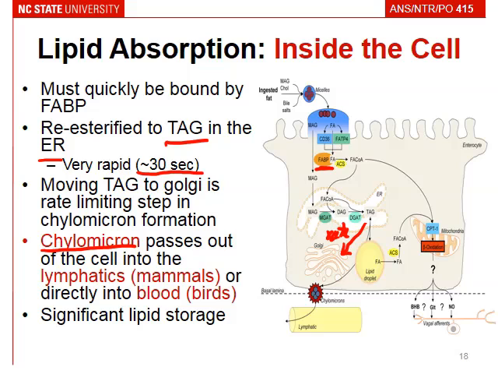Our chylomicron is able to pass out of the cell into the lymphatic system. So it's a chylomicron if it goes into the lymphatics. In birds, it's going directly into the blood, because if you remember, they do not have an adequately developed lymphatic system, so for them it is called a portomicron, because it's going into the portal vein.